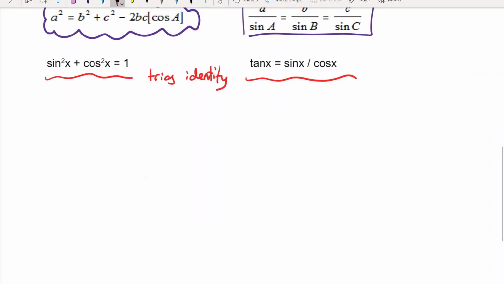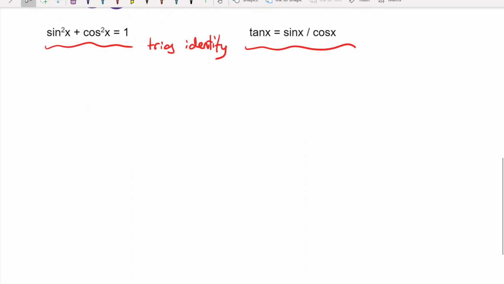These are really useful if you're trying to solve a trig identity, and I do welcome you guys to go back and look at some of those videos that we did on solving trig identities. The first one is sine squared plus cos squared equals 1, and the other is tan x equals sine x divided by cos x. These are both really useful identities to remember.